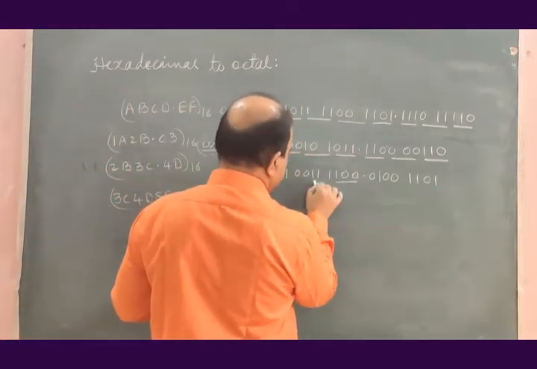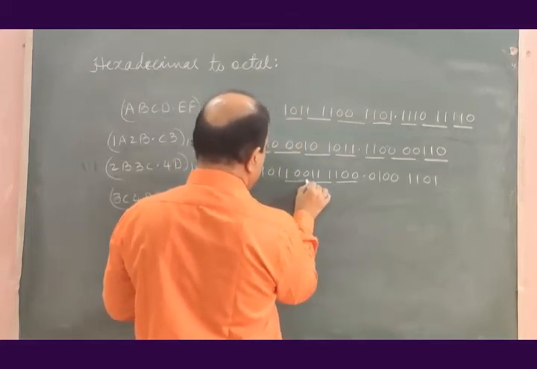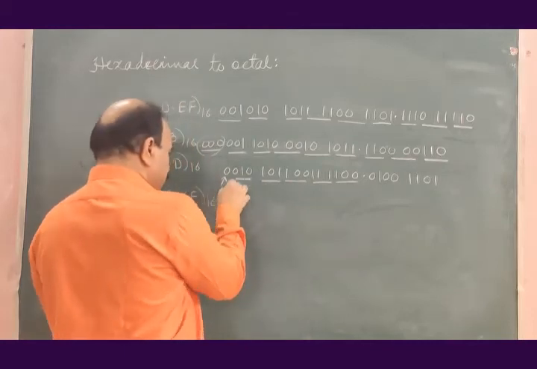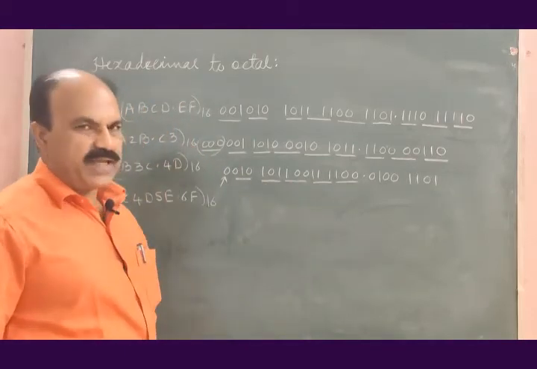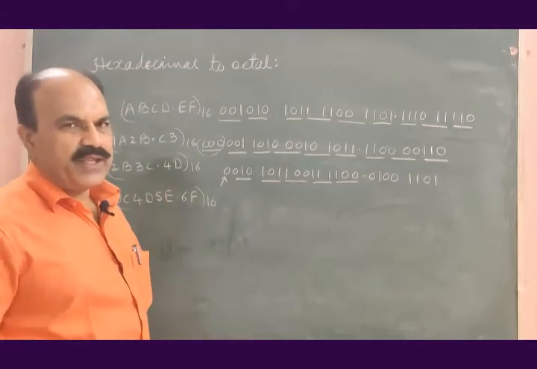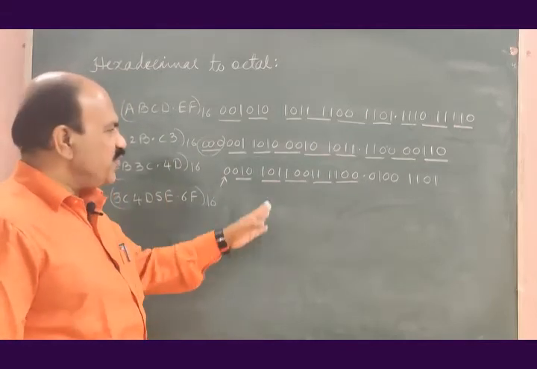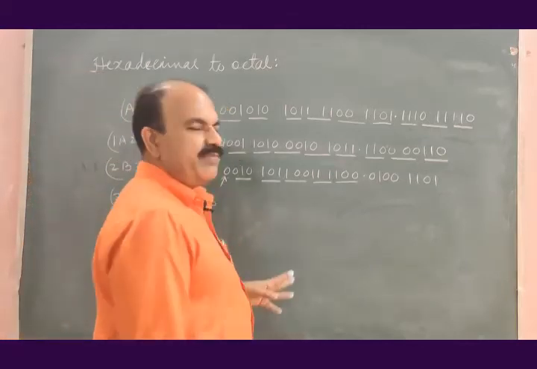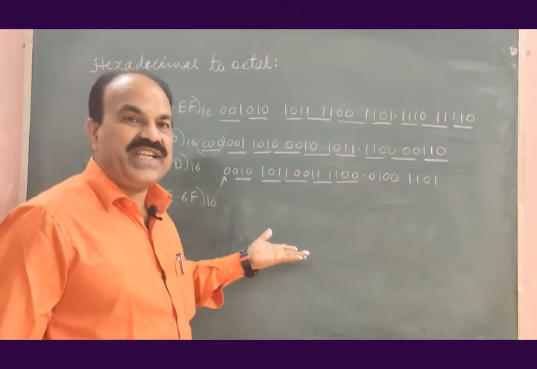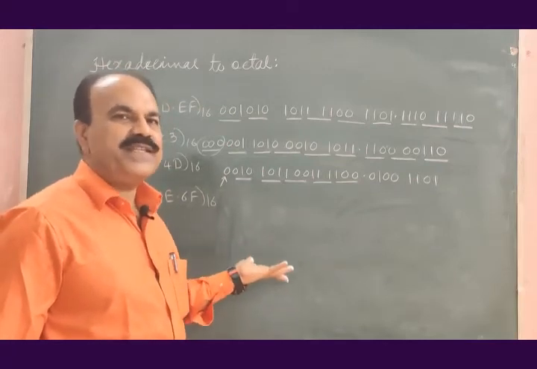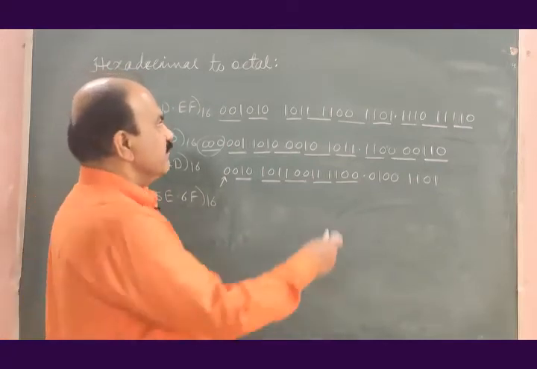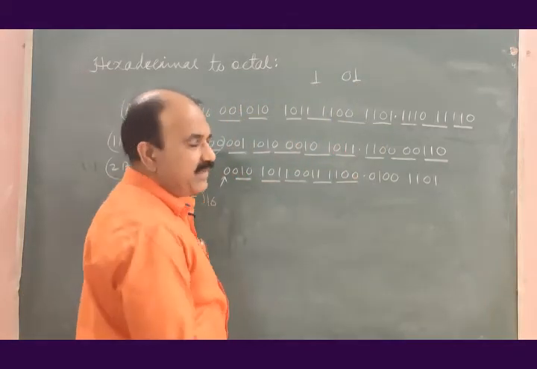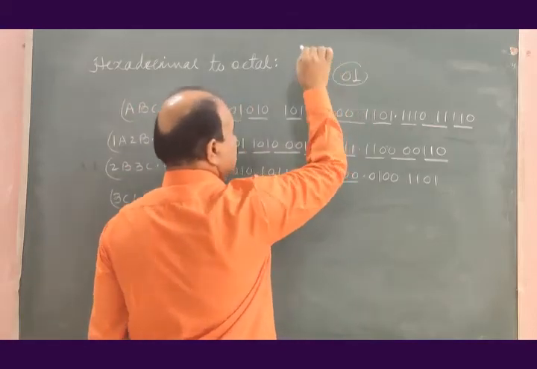One group, second, third, fourth, fifth. There is no need to make a group as only a 0 is left here, because it would give us a 0 to the left, and a 0 to the left of the integral part is meaningless. Why is it meaningless? It does not change the value of the number. Writing 1 and writing 01 in decimal is the same thing, so just write 1.